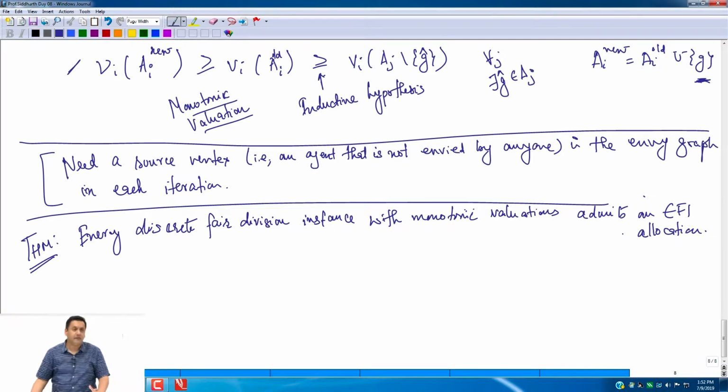So the first statement of this theorem is existential. It says that as long as you have monotonicity, an EF1 allocation, a fair allocation in this sense, is guaranteed to exist. And again, I am writing this as two separate statements to emphasize the fact that there is an existential result here as well as an algorithmic result.